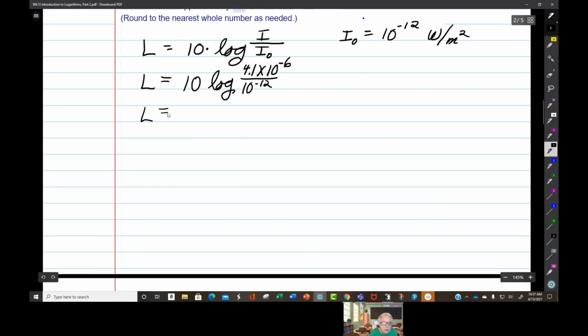L equals 10 log. Now, remember the baby math you learned. We have like bases here. We did a quick review of this.